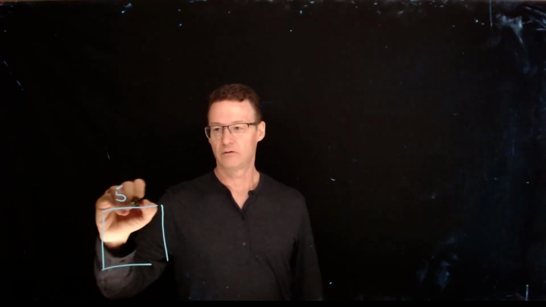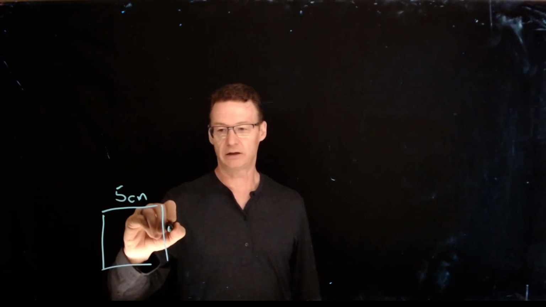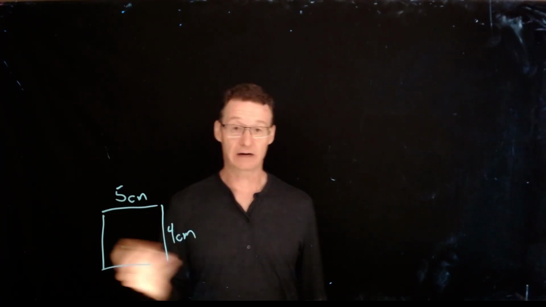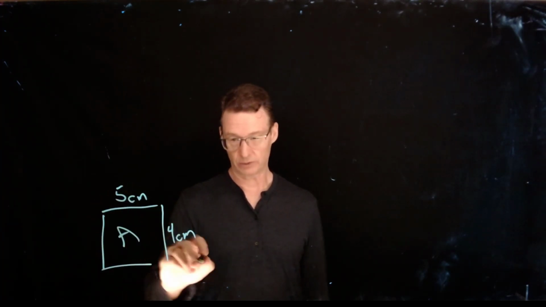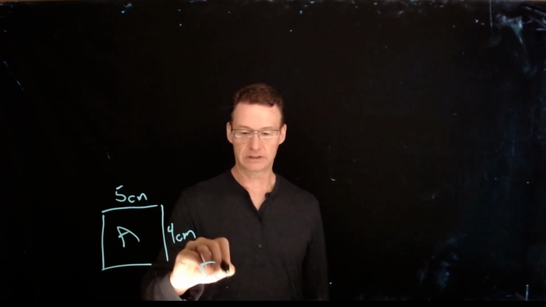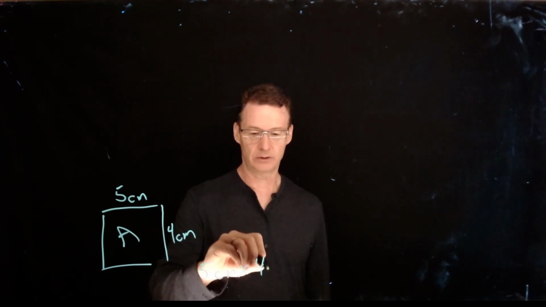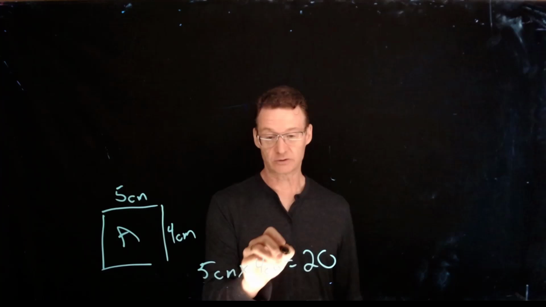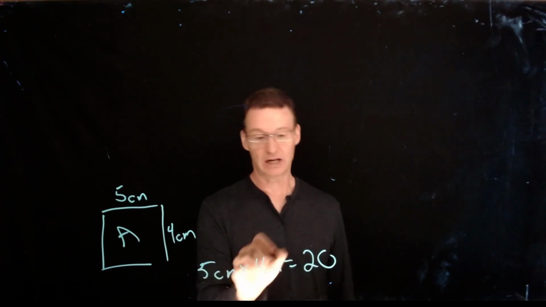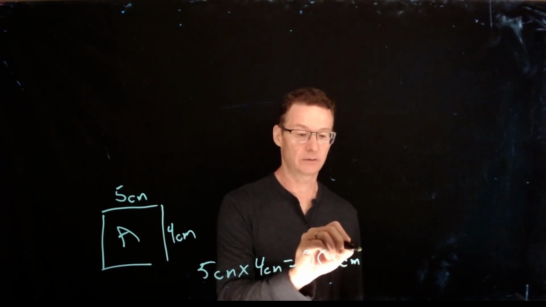Let's say we have a square that is 5 centimeters by 4 centimeters. Okay, that would be a rectangle. To find the area, remember that it would be 5 centimeters times 4 centimeters, which would be 20 centimeters when we multiply the 5 times the 4, and then the centimeters times the centimeters is centimeters squared.